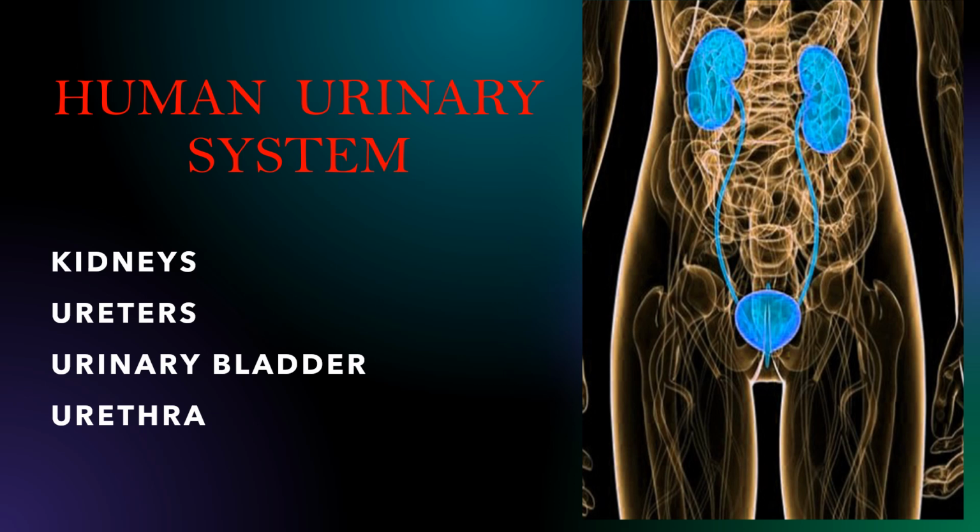Kidneys, ureters, urinary bladder, urethra. Here you can see the 2 kidneys, ureters, then urinary bladder and urethra. These are the main organs present in the excretory system.